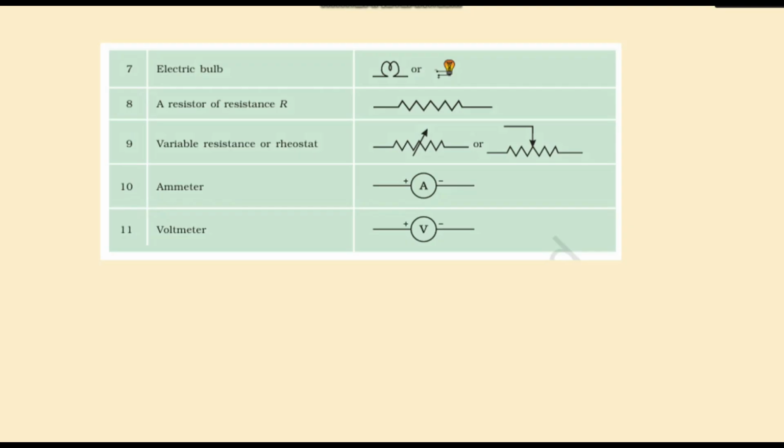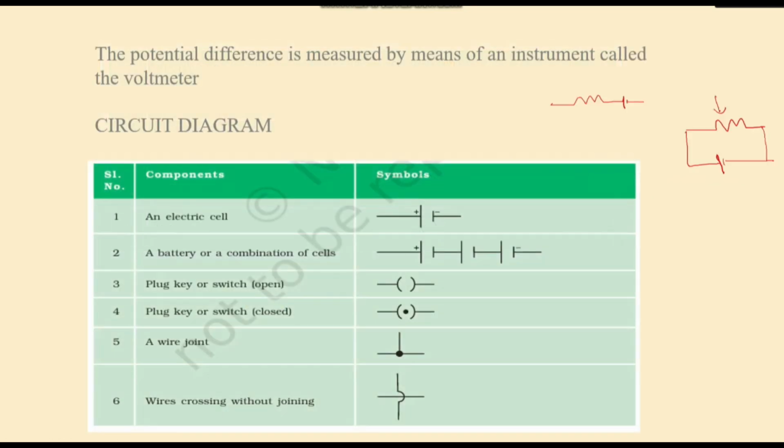This is the rheostat, the variable resistor symbol. Ammeter, positive, negative, voltmeter. These are the symbols of various electrical components.